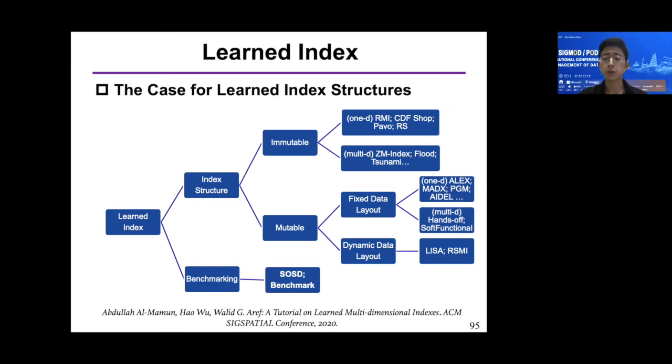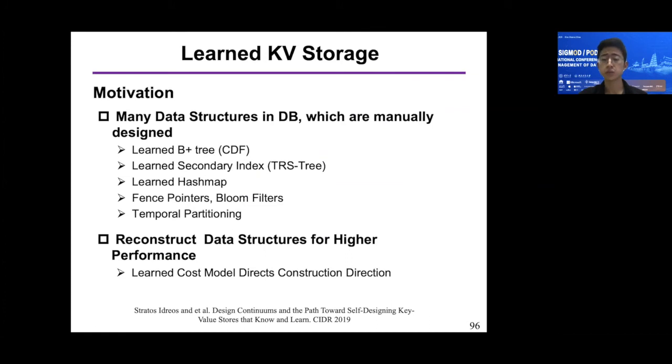And for the mutable learning indexes, there are fixed data layout indexes like ALEX, which dynamically adjusts the shape and the height of the RMI index depending on the workload to provide more robust performance even when the data distribution is skewed or dynamically changed. For the time limit, you can find more details in the related tutorial in SIGSPATIAL 2020, and we do not give more details here.